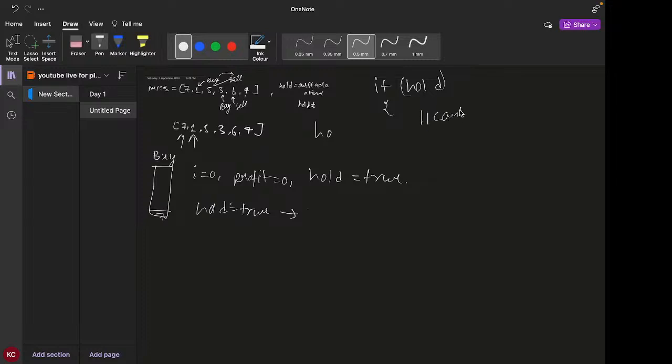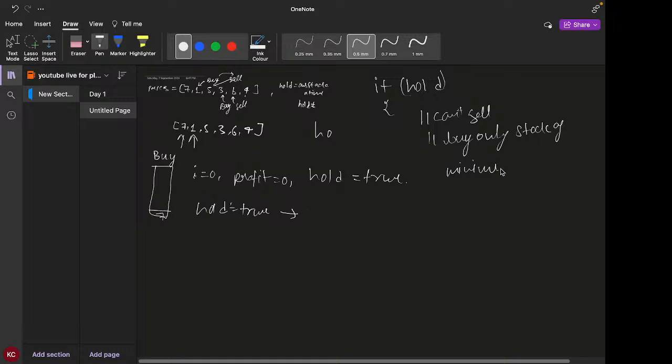Can't sell, buy only a stock of minimum price. Otherwise I can sell or buy a stock of the minimum smaller price.